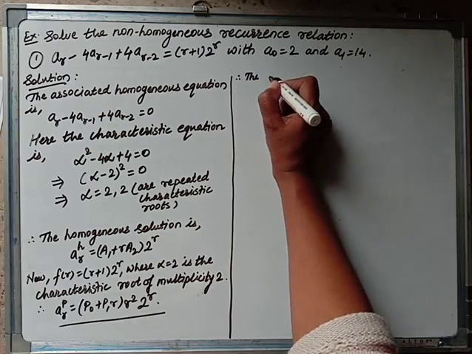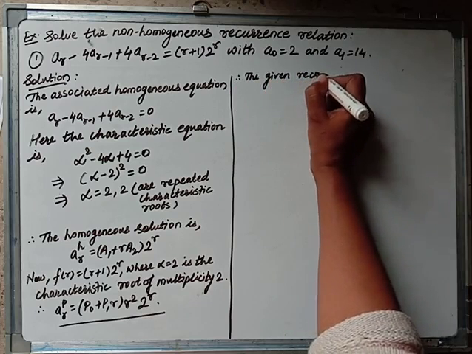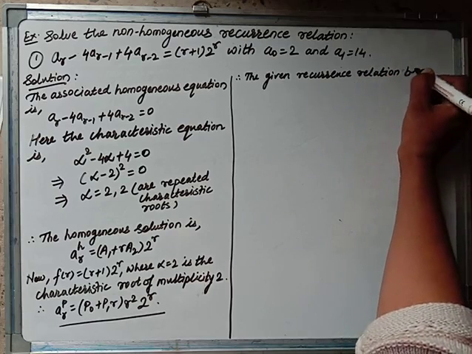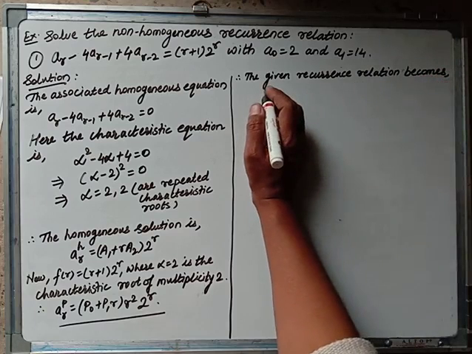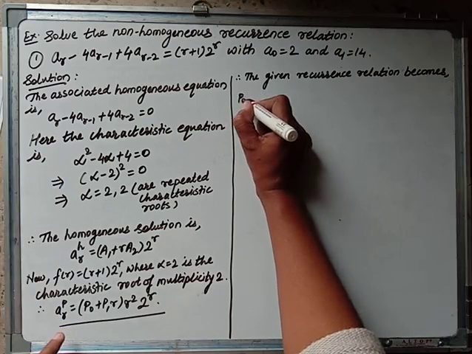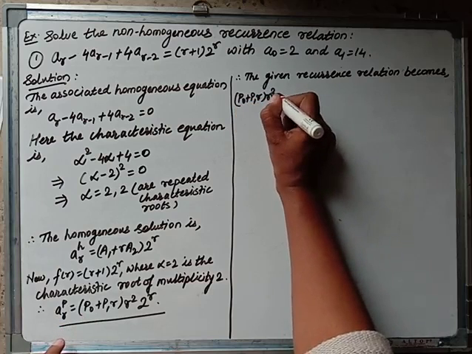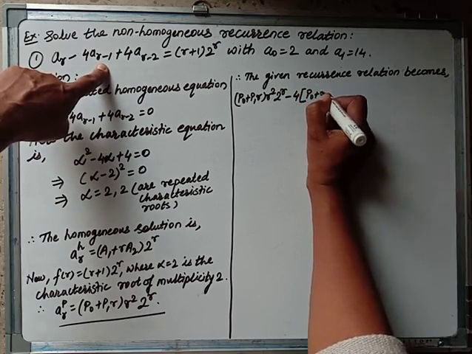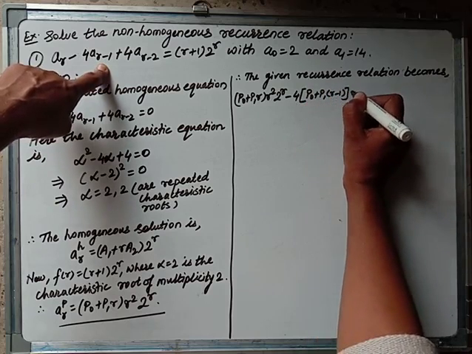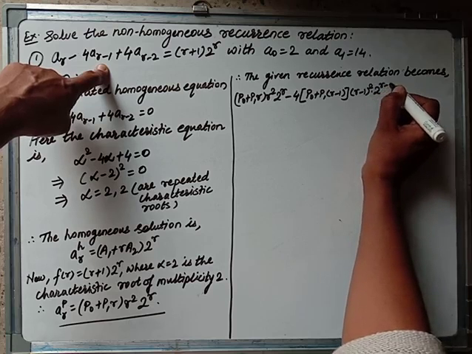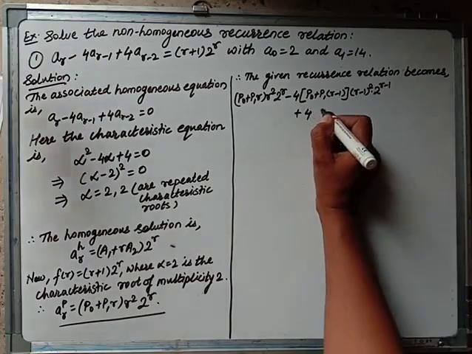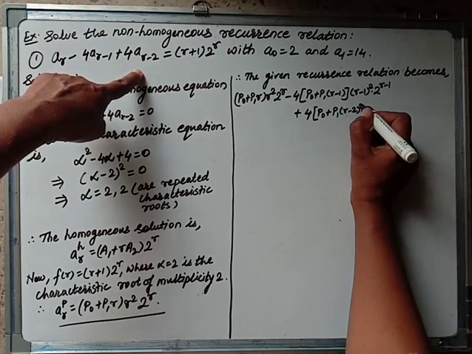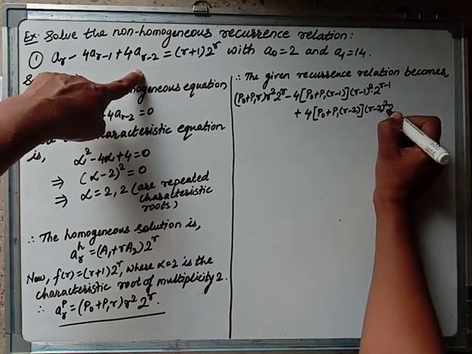Therefore, the given recurrence relation becomes: (P0 plus P1 r) into r squared into 2 raised to r, minus 4 times a_(r-1), so P0 plus P1 into (r minus 1), into (r minus 1) squared into 2 raised to r minus 1, plus 4 into a_(r-2), so P0 plus P1 into (r minus 2), into (r minus 2) squared into 2 raised to r minus 2.